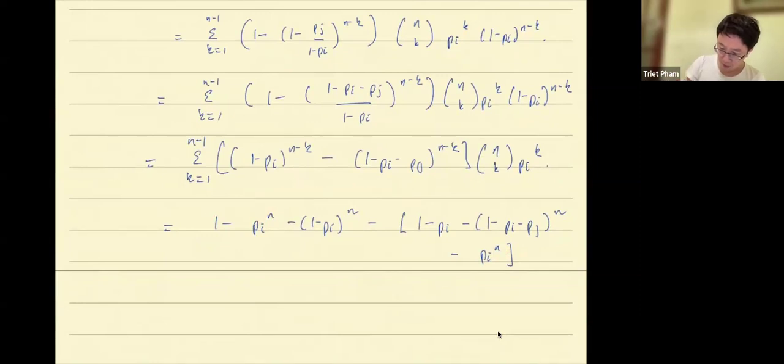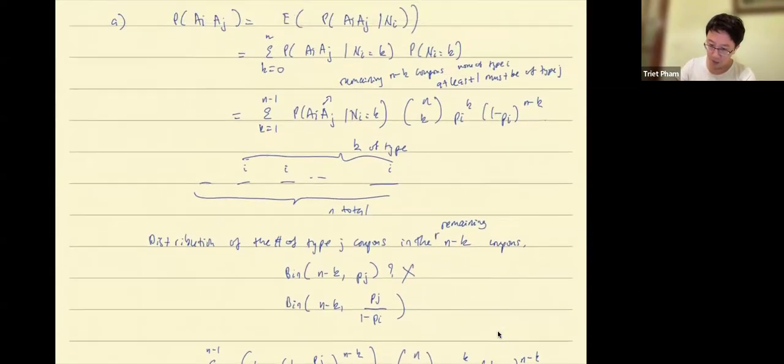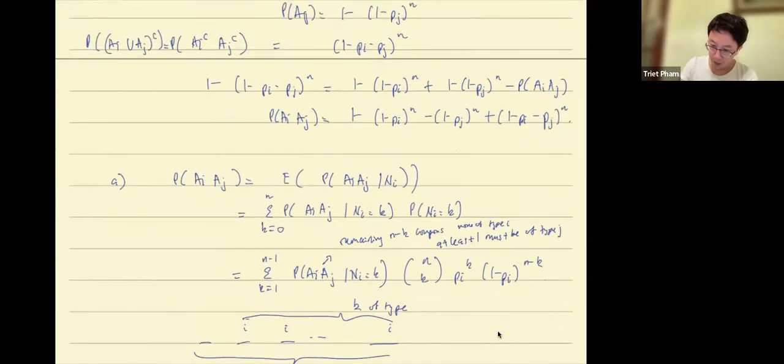So it seems like right now the answer is Pi minus 1 minus Pi to the n, minus 1 minus Pi, and then plus Pj to the n, which is not what the other one is. The other one is 1 minus this minus that plus that.